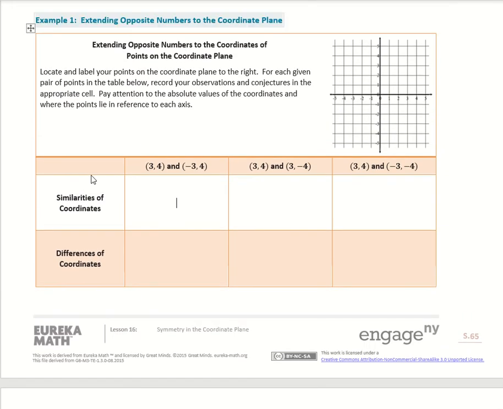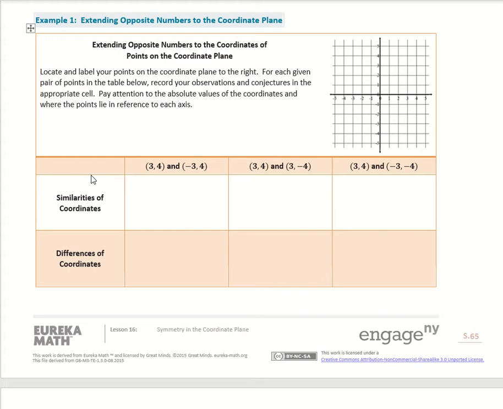Let's read example 1. Example 1 is titled Extending Opposite Numbers to the Coordinate Plane. We should definitely know what opposite numbers are at this point. We've learned in the beginning of this unit that they are numbers that are the same distance away from 0, but on the opposite side in a different direction.